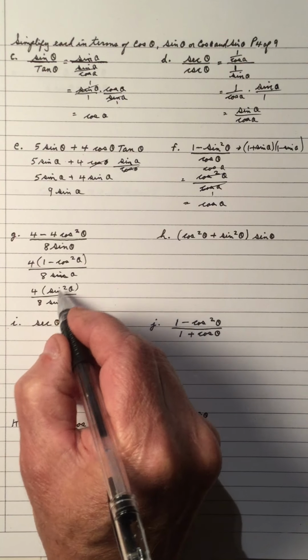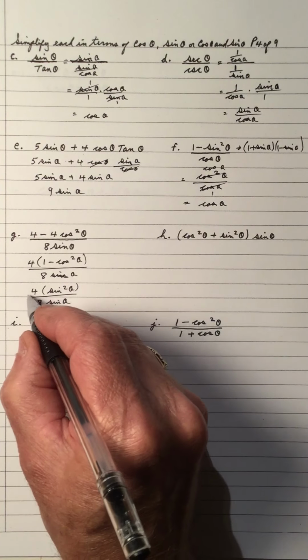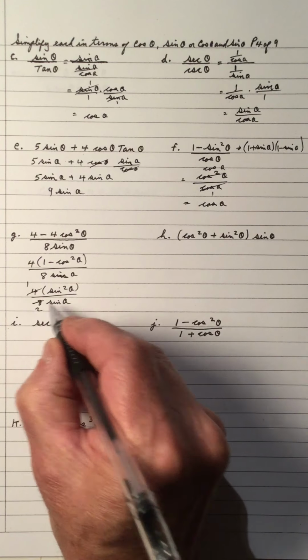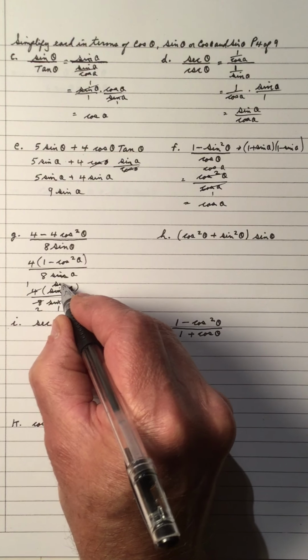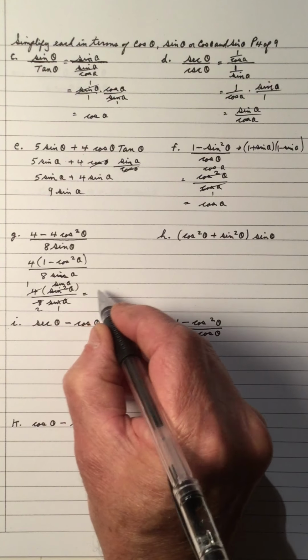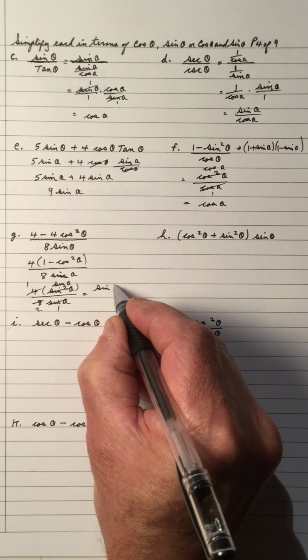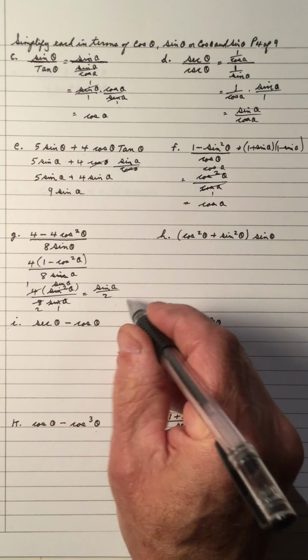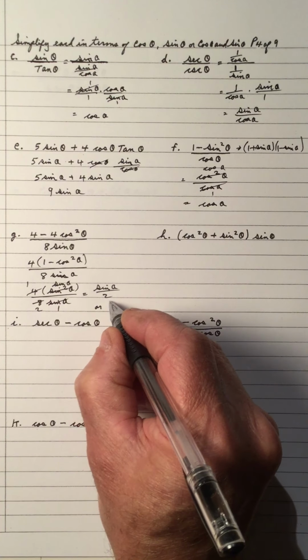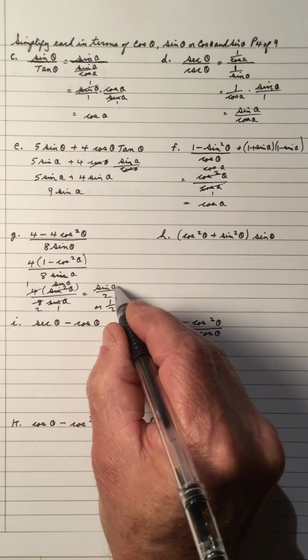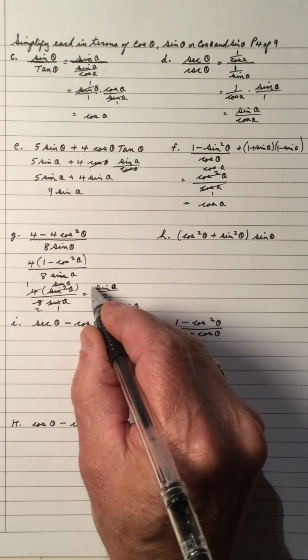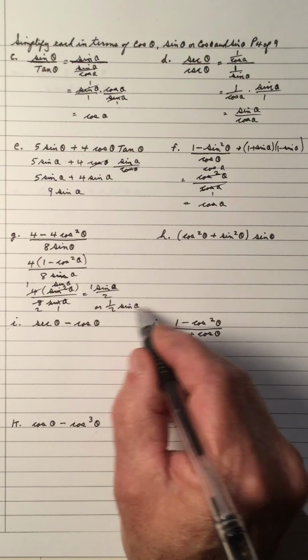So 1 minus cos squared is sine squared. And 4 and 4 goes once, 4 and 8 goes 2. Sine to sine squared goes sine. So we have sine theta on the top with a 2 on the bottom, and that could also be 1/2 sine theta. So sine theta divided by 2. Remember, that's a 1 there, or we could have a half sine theta.